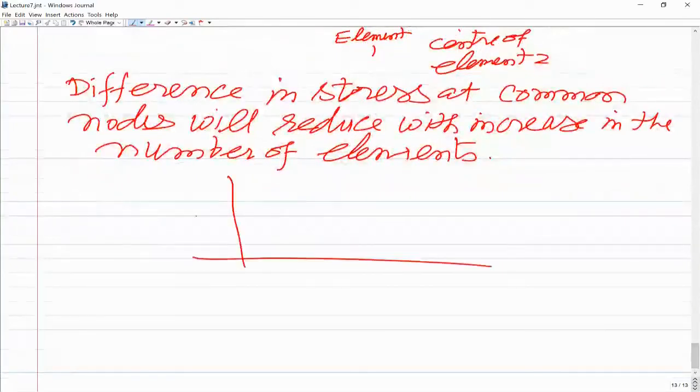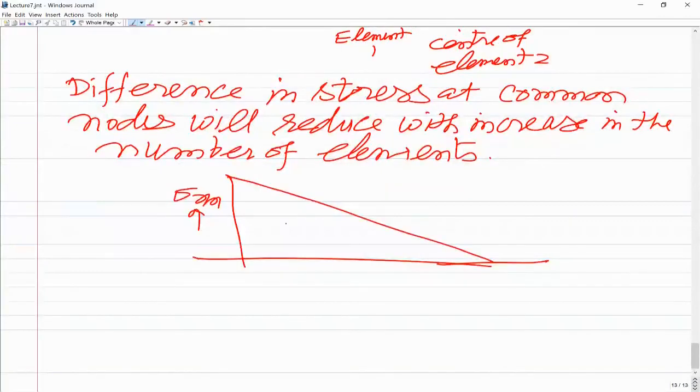What I want to say from this is that if I look at sigma xx over here, the exact and the FE solution, so this is exact. If I have more number of elements, I will get the stress distribution like this, like this.